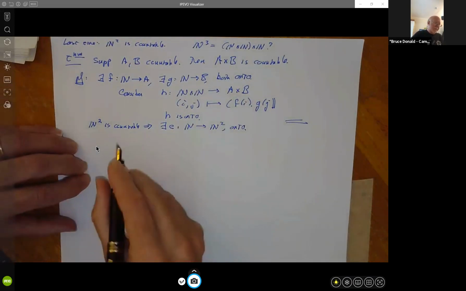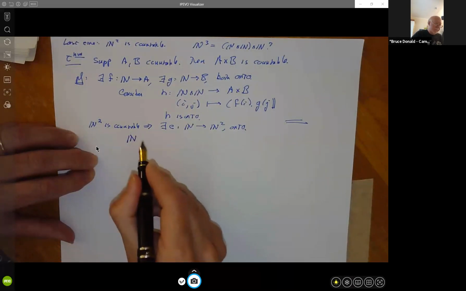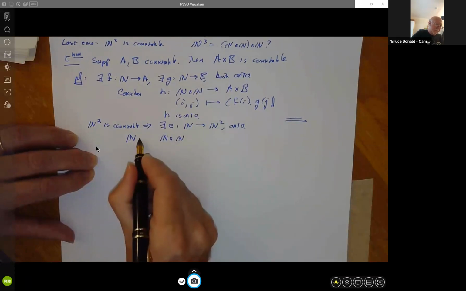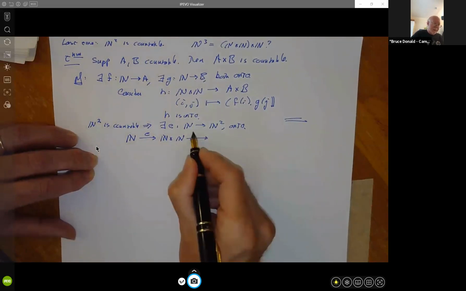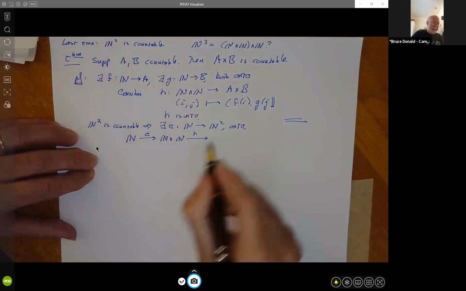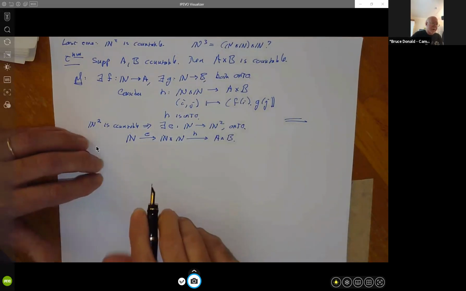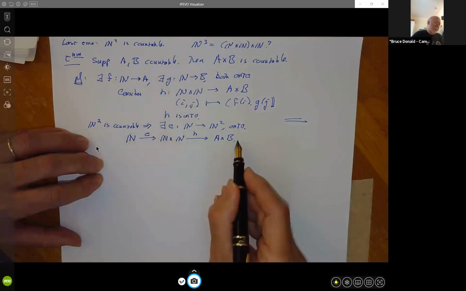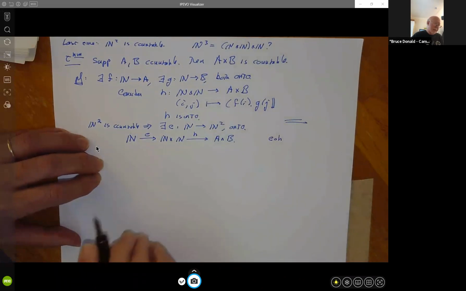So what we have here is the following situation. There's an onto function from N onto N cross N, which is called E in this case. And we just showed here that there's an onto function from N cross N onto A cross B. And the map that goes from N onto A cross B, which we could call E composed with H using our compose function from the last time, is onto.